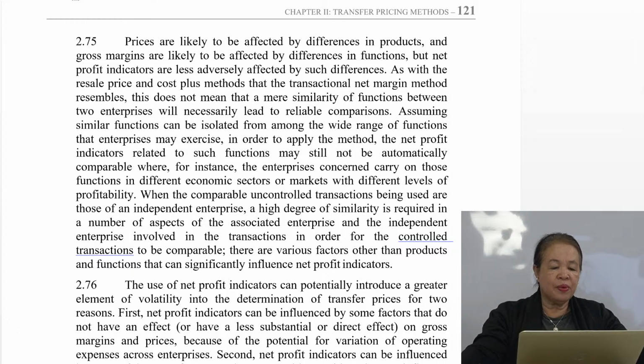So when the comparable uncontrolled transactions being used are those of an independent enterprise, then a high degree of similarity is required in a number of aspects of the associated enterprise and the independent enterprise involved in the transactions in order for the controlled transactions to be comparable, no? So that's required.